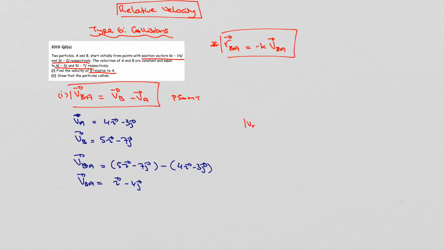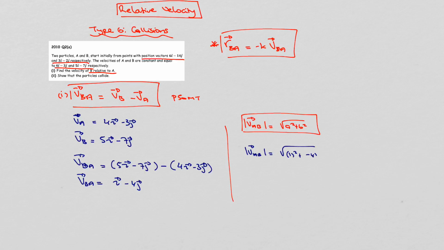So our magnitude is our absolute value. So it's the square root of a squared plus b squared, and that's the square root of 1 squared plus minus 4 squared, which gives us root 17.